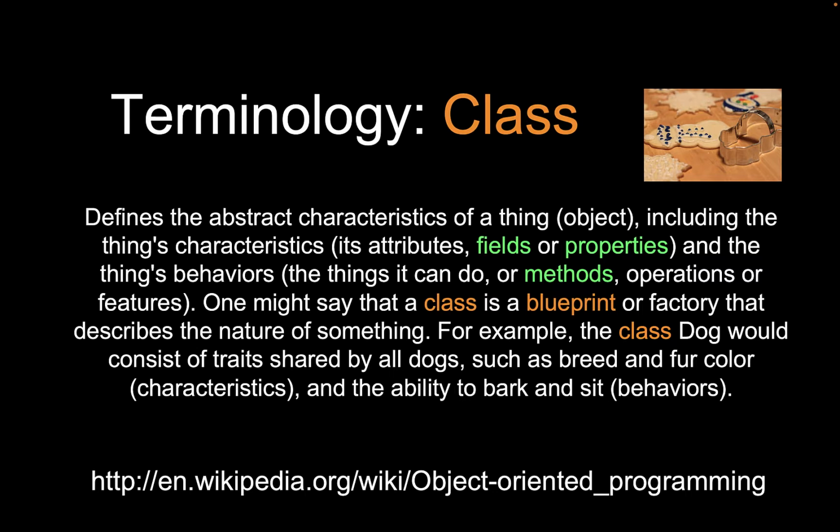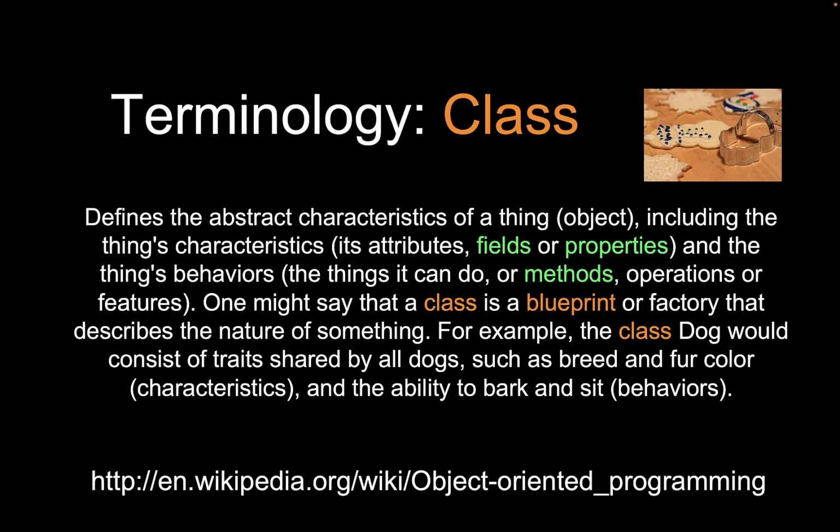So it defines the abstract characteristics of a thing, an object, including the thing's characteristics, its attributes, fields, or properties, and the thing's behaviors, the things it can do, or methods, operations, or features. One might say that a class is a blueprint. So that's another very popular word. We can say that it's a template. We can say that it's a blueprint.